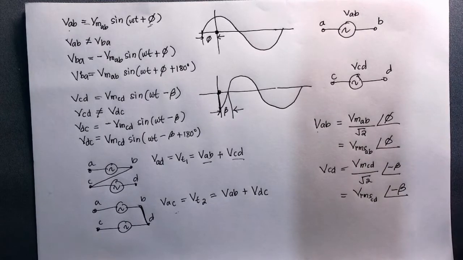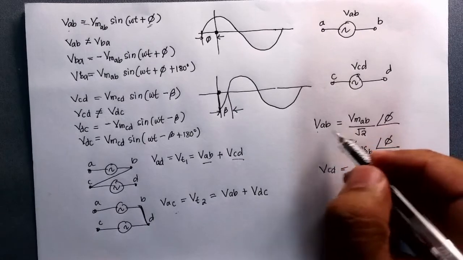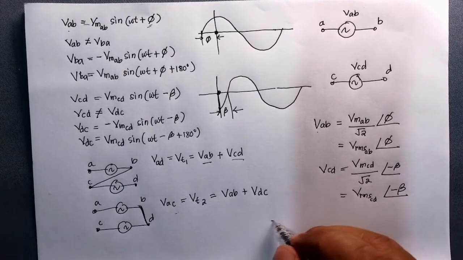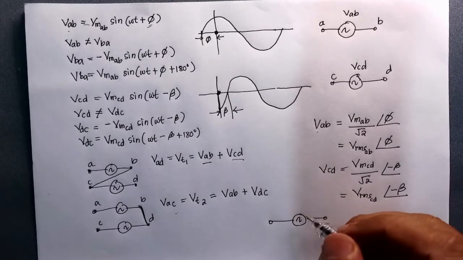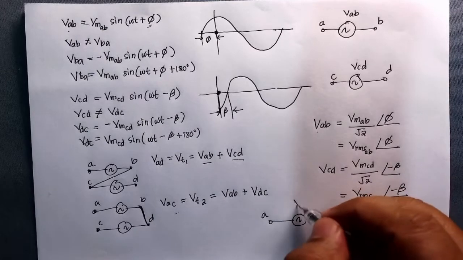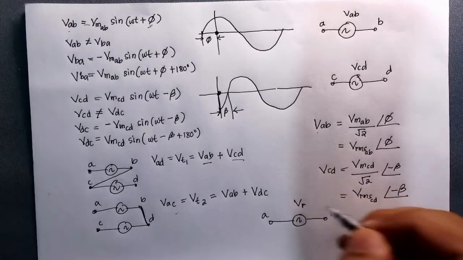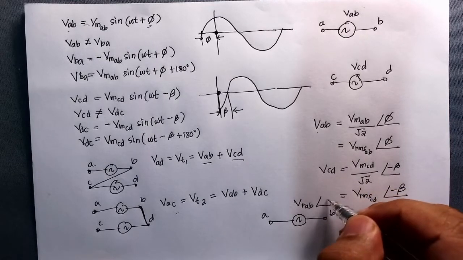Okay? So therefore, we can also represent this source in a schematic diagram for our circuit. We can have this like this one. Okay? Where this is our A and this is our B. And V RMS. Instead of writing the full RMS, I just write R. Okay, and AB, angle phi.